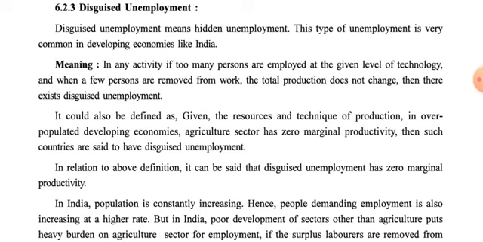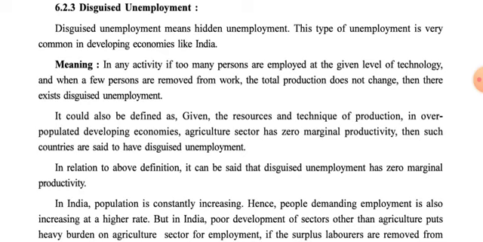This is our video lecture of subject economics, and we are running on chapter number 6, that is unemployment. As we all know, in last lectures we have discussed the types of unemployment.